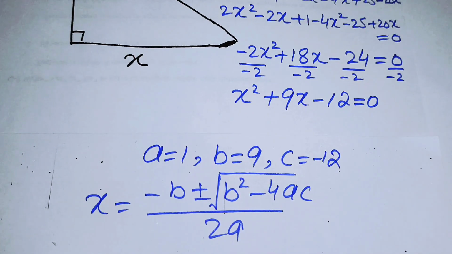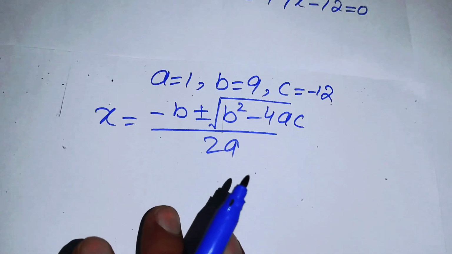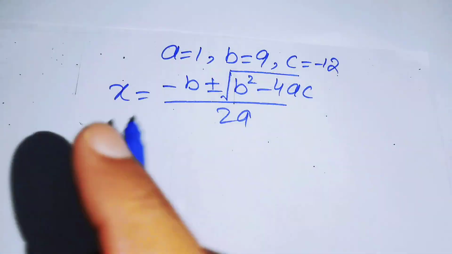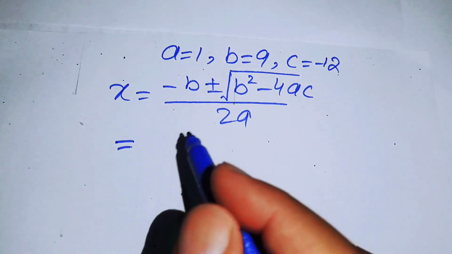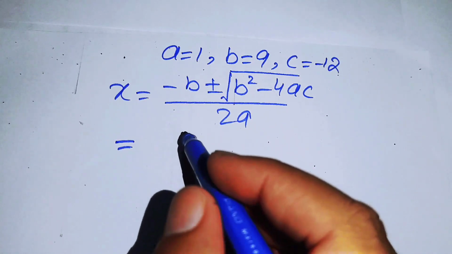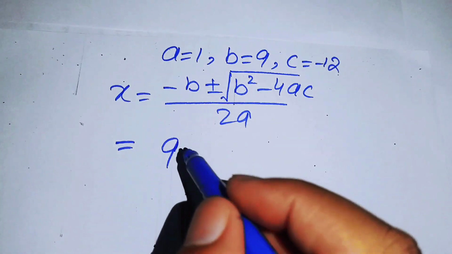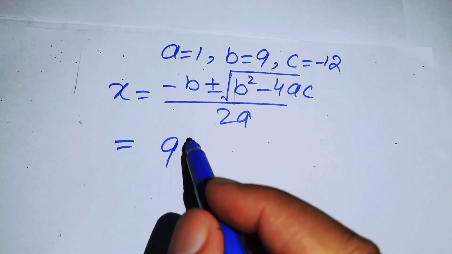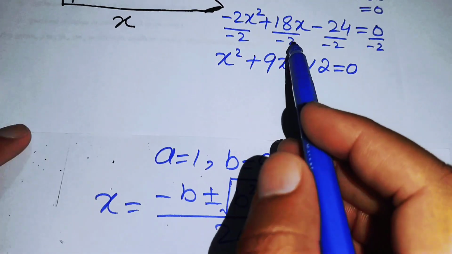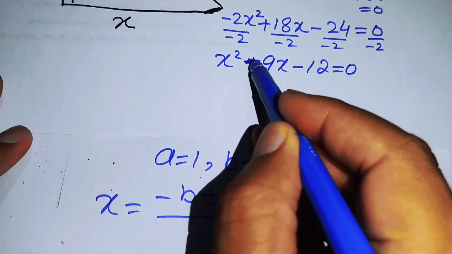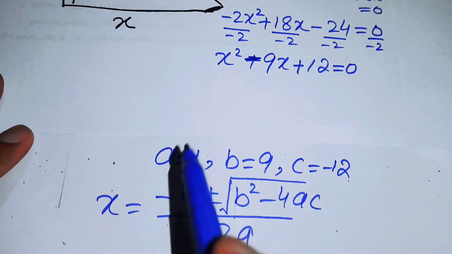And now we will put all the values of a, b and c in this nice quadratic formula, and after simplification you will get the value of x. When we divide this term by minus 2, then you will get here minus 9, and you will get here plus 12.